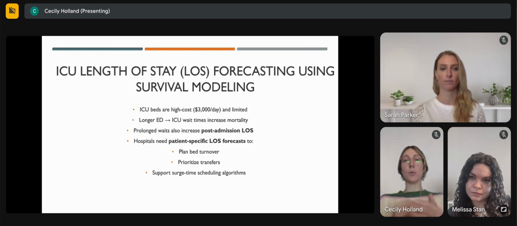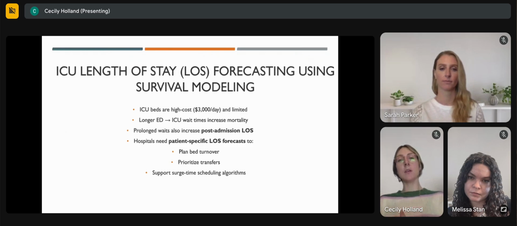And so prolonged waits are also increasing post-admission length of stay, and hospitals need patient-specific length of stay forecasts to be able to plan bed turnover, prioritize transfers, staff appropriately, and support surge time. Scheduling algorithms can help mitigate that.